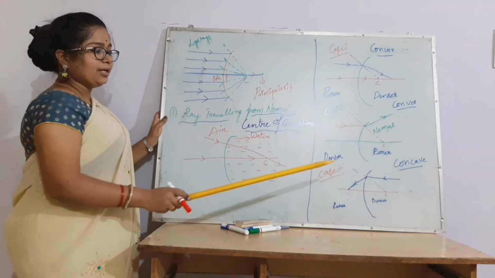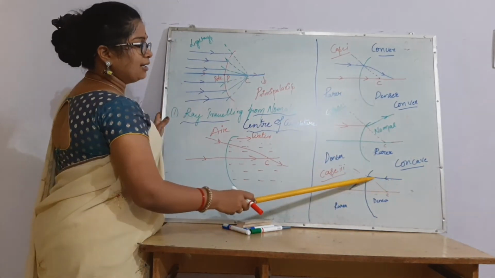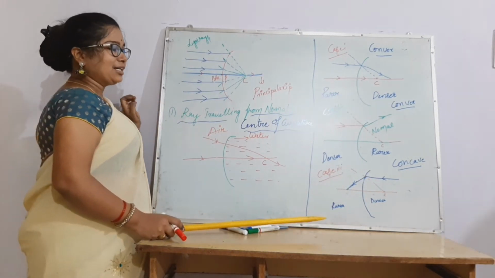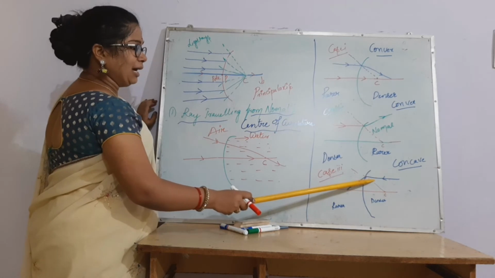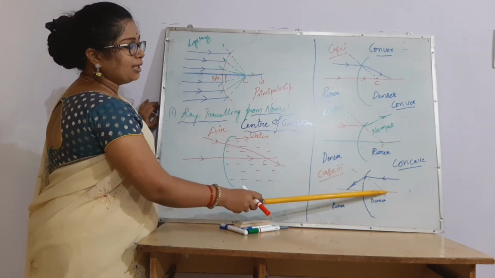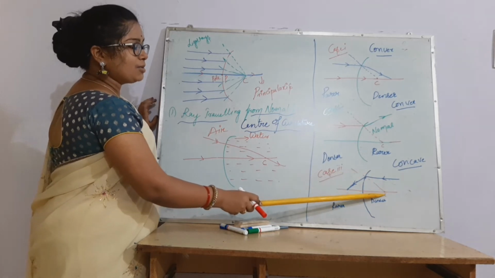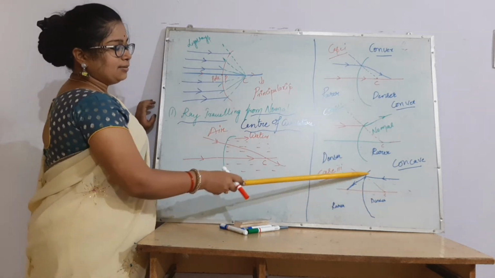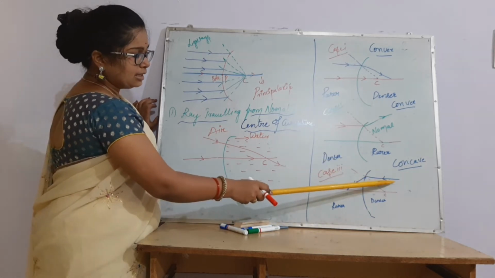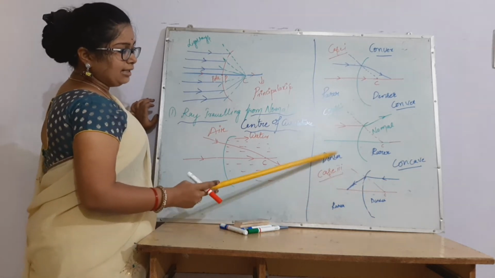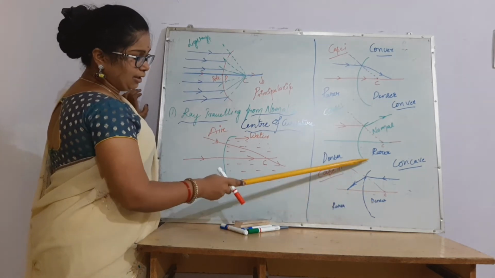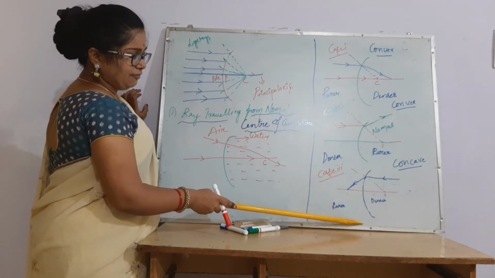When a light ray is traveling parallel to the principal axis, this is a normal. The line drawn from the center of curvature to the surface is the normal.